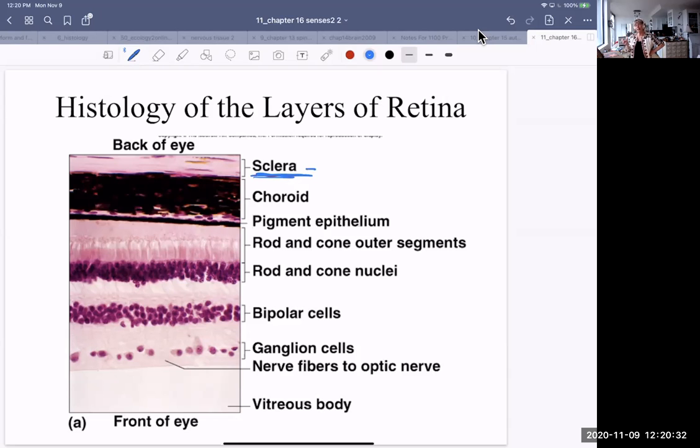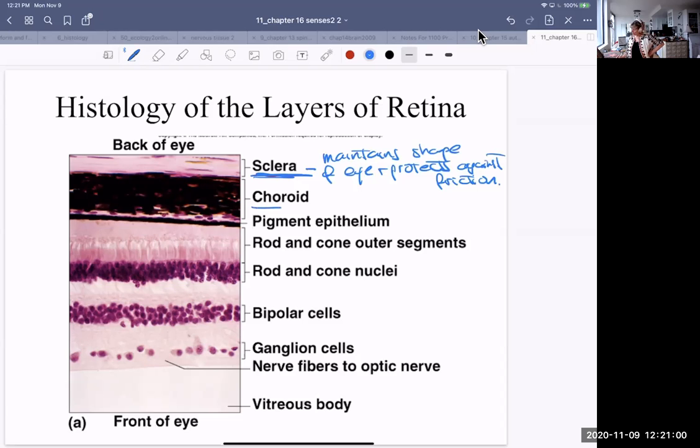And there's a lot of fat around the eye as well, which helps it not to be jolted against the eye socket. But the sclera maintains the shape of the eye as well, and protects against friction against the eye socket, which is bone.